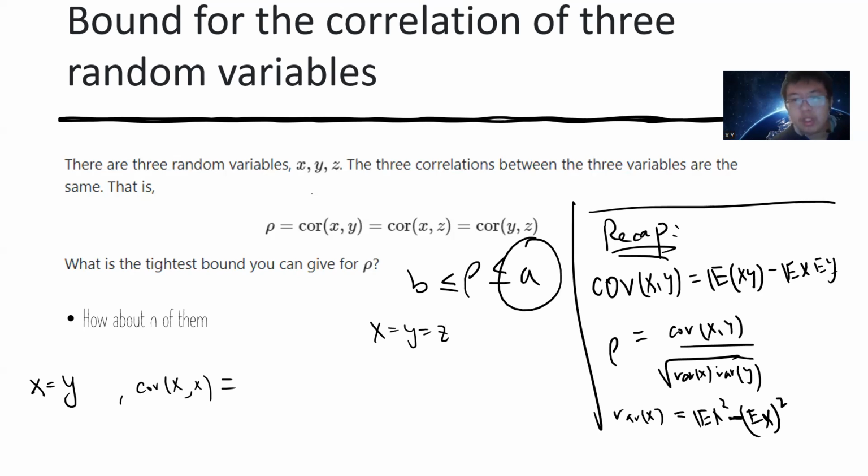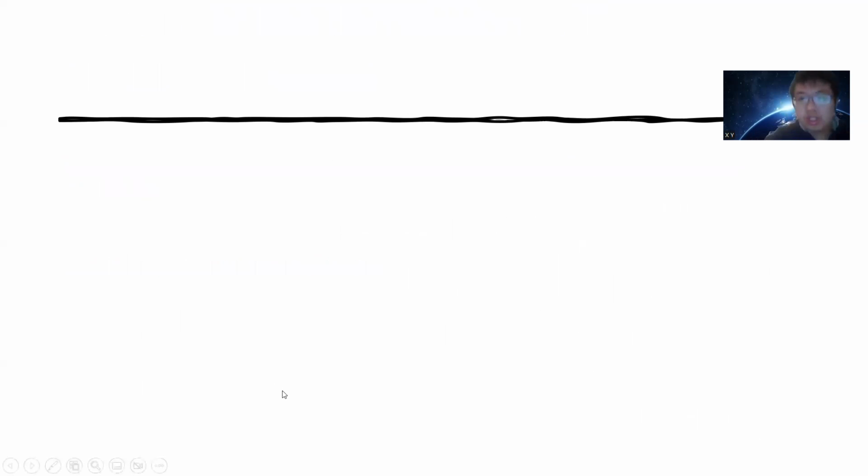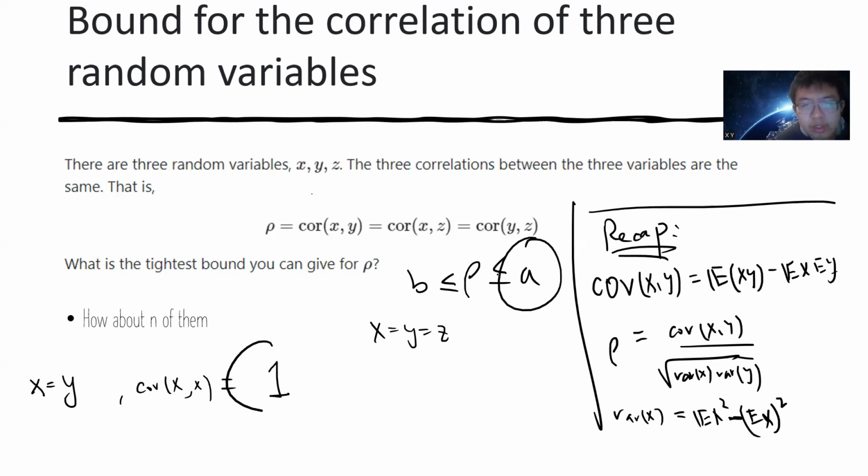So the variance divided by the same variance under the square root is 1. In such a case I can choose everything to be 1. So the upper bound of rho is 1, because x equals y and y equals z gives 1, 1, 1.